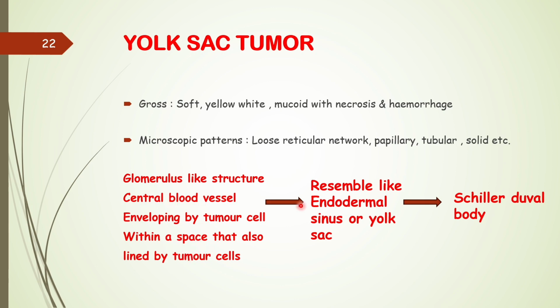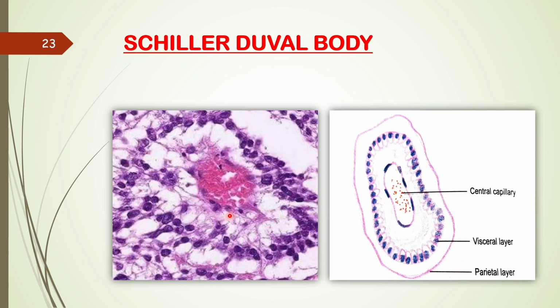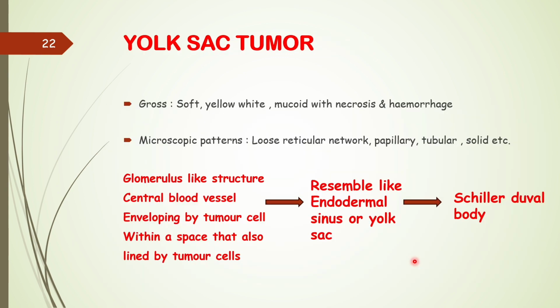So it resembles an endodermal sinus or Yolk Sac, and that's why this tumor is known as Yolk Sac tumor. So this is the Schiller-Duval body. You can see a central capillary that is lined by tumor cells, visceral and parietal layers. That is a Schiller-Duval body that is characteristically seen in Yolk Sac tumor.